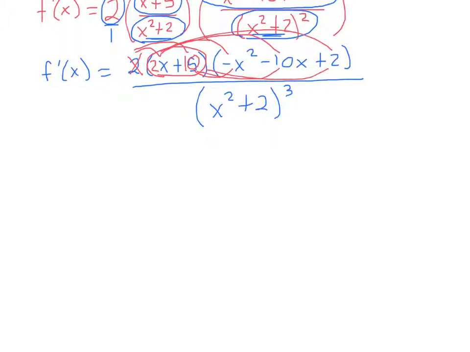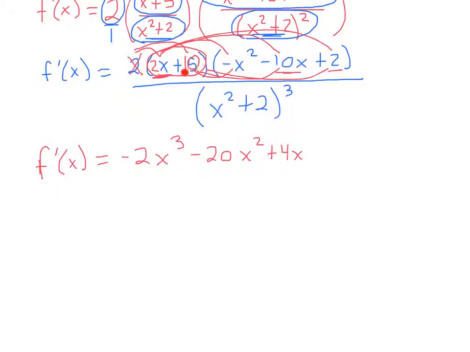And so I've got f prime of x equals 2x times negative x squared is negative 2x cubed. 2x times negative 10x is negative 20x squared. 2x times 2 is plus 4x.